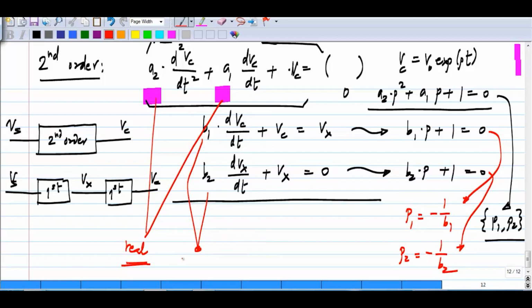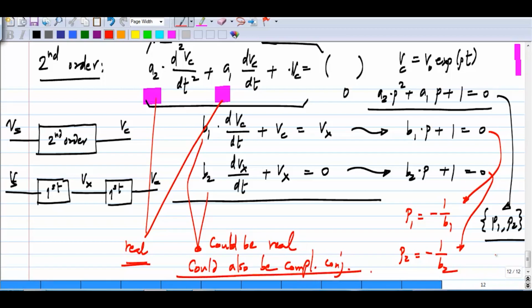So these could be real, but could also be complex conjugates. Both these possibilities exist. That we know already from the second order equation, that this can have roots which are real and distinct, real and identical, or complex conjugates.